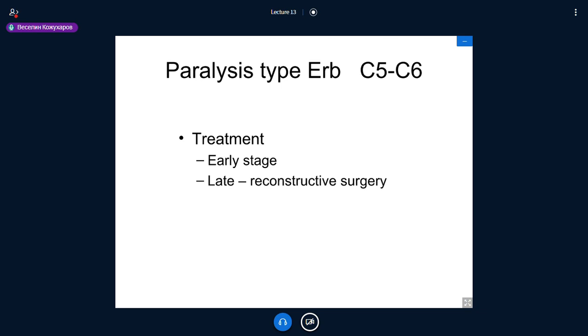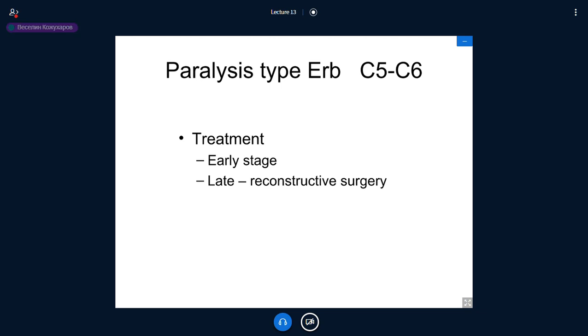We could perform muscle transposition. For example, latissimus dorsi could be transferred to perform external rotation, and this will help the hand to be again in front of the body to react normally.